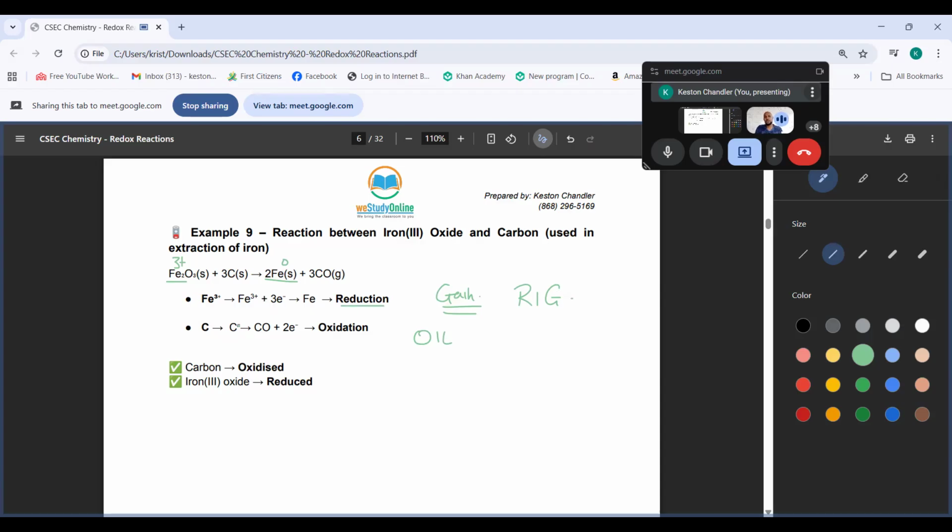And you see, with these redox reactions, if one is being reduced, then something else is being oxidized. So the carbon, which is currently at 0, is changing here to a 2 plus state. It is losing electrons to go from 0 to become 2 plus.